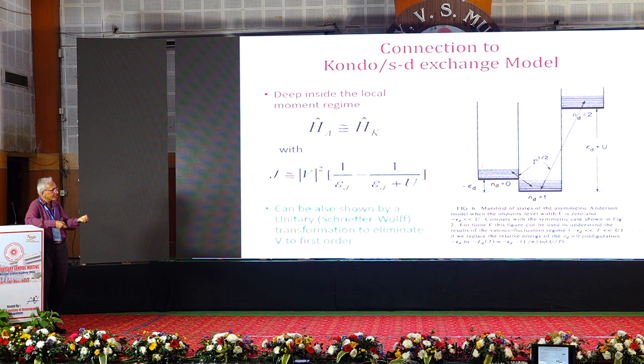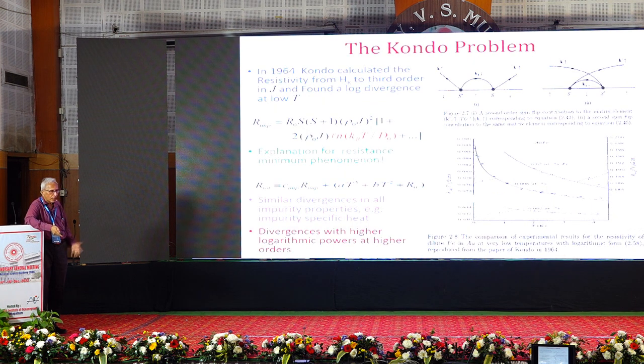It turns out that effect is exactly an interaction between the spin of the singly occupied impurity level and the conduction electron spins, the Hamiltonian that I exhibited before, and that J coupling which was there in that Hamiltonian is given by this formula.